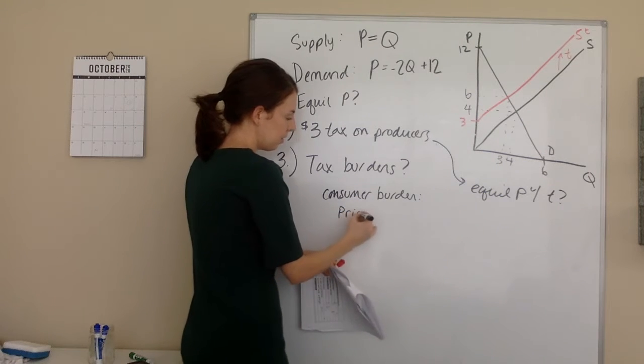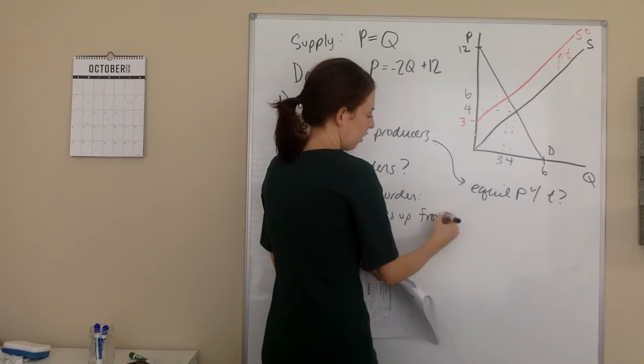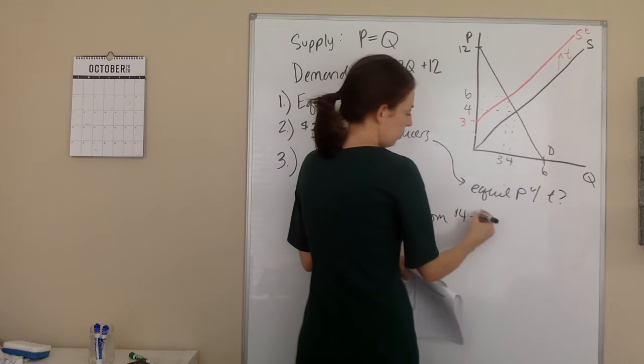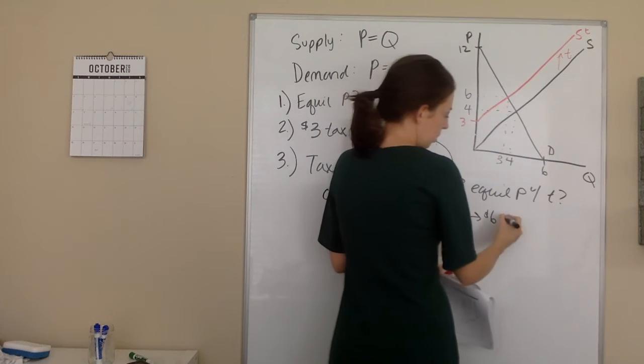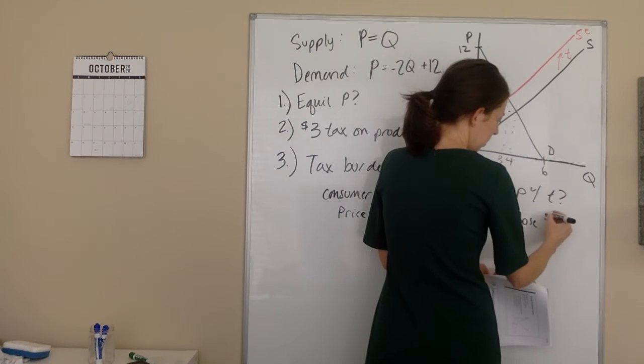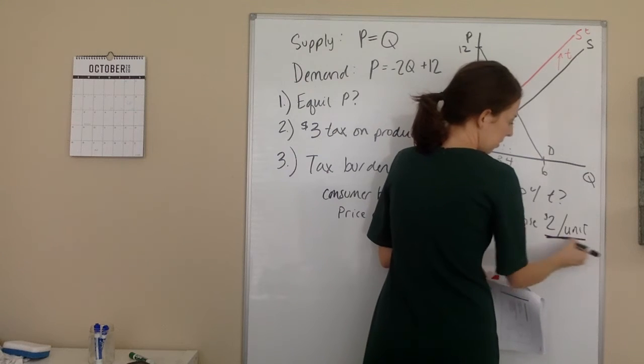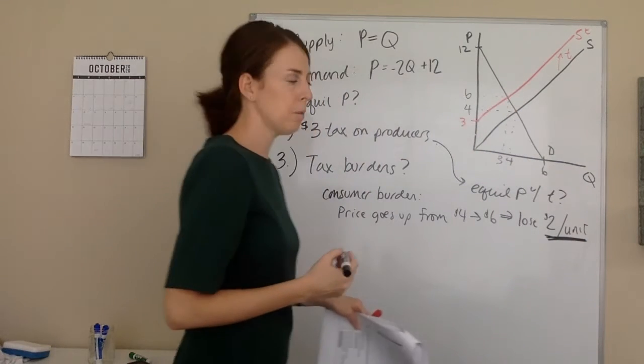The price goes up from $4 to $6, so they are going to lose $2 per unit. So this is their tax burden.